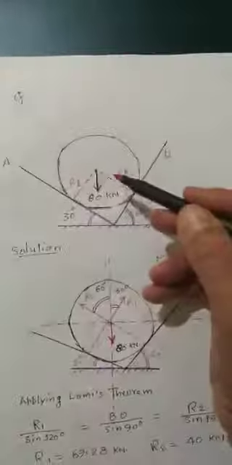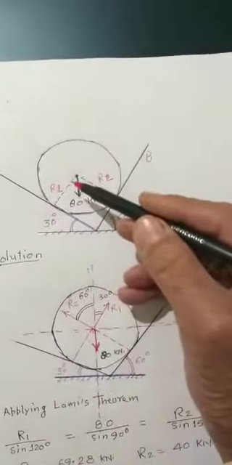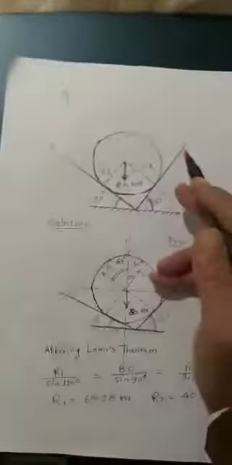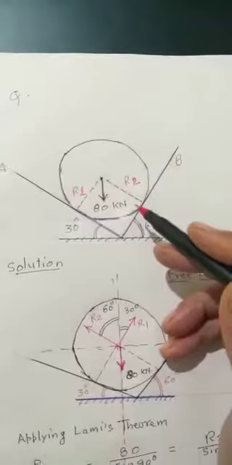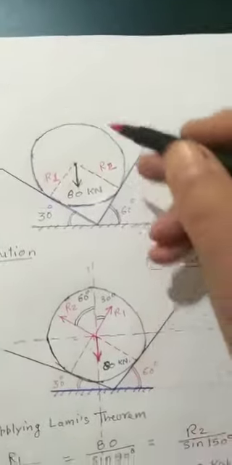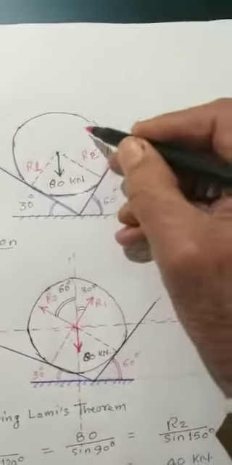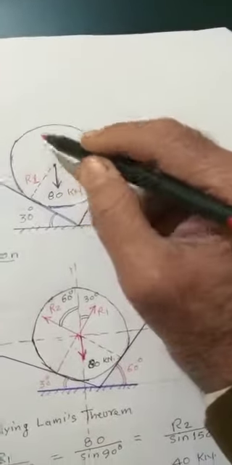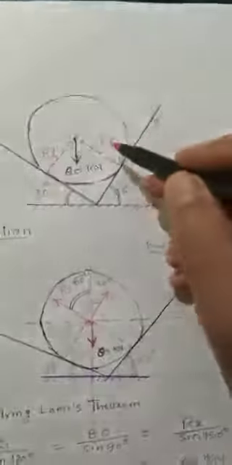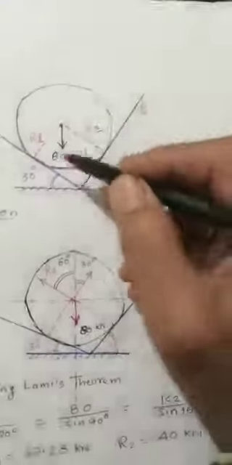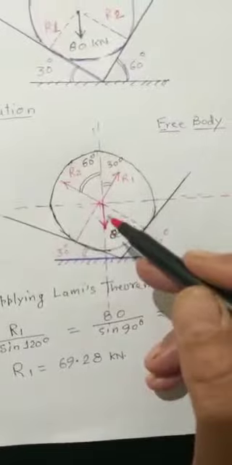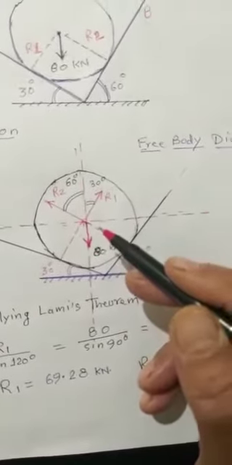Only the weight is given and these are the two unknowns. But one thing that you are well aware of is the line of action of force. So if I extend the force in this direction, then one force will be acting in this direction, another force in this direction, and the third force in this direction, and now you can see from here.